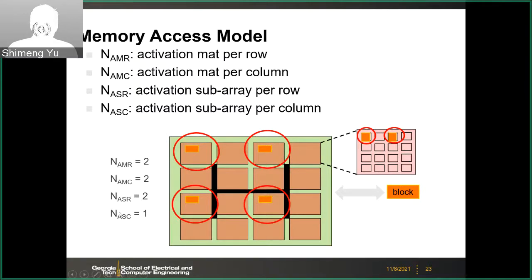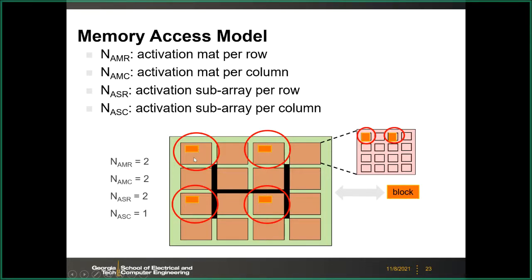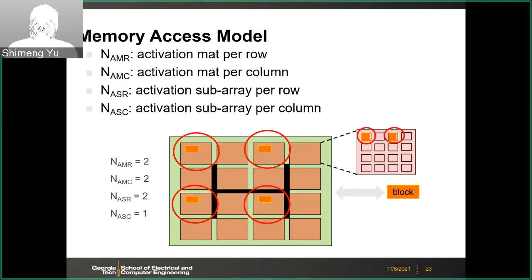And then here, you can also think about how to activate those subarrays. For example, when you fetch the data, you can design the controller to specify which subarray to fetch the data from. In this particular case, we are going to activate two, this is activate mat per row, activate mat per column.